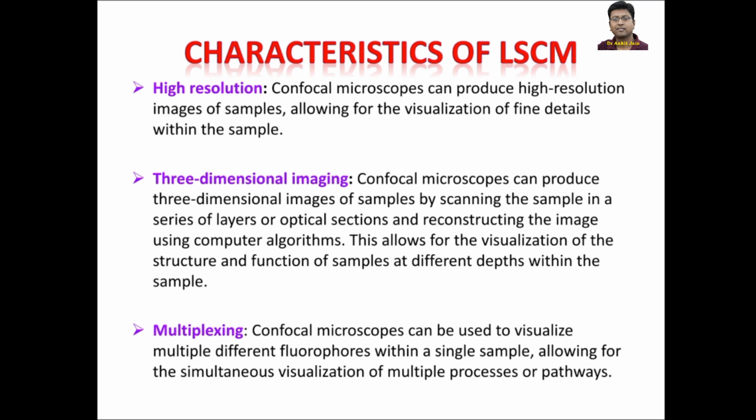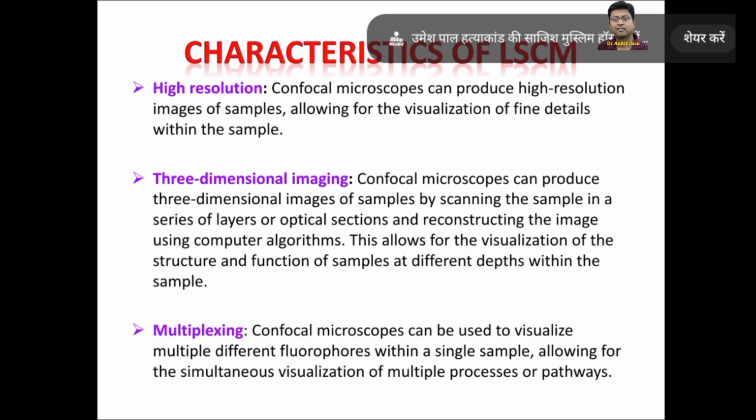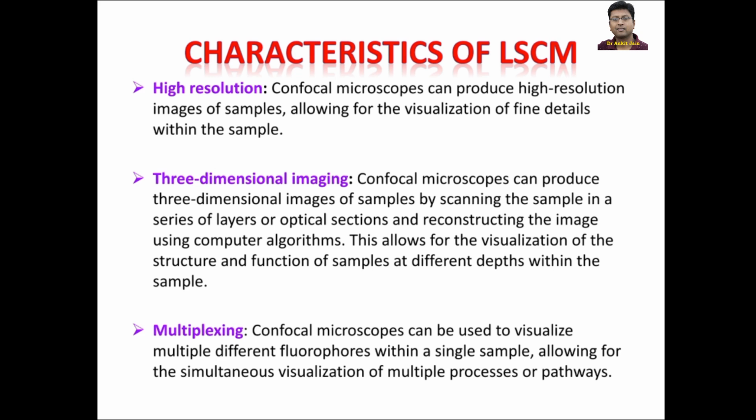It has a high resolution, and it has three-dimensional imaging because the laser beam penetrates deep into the sample, so we can get a three-dimensional image also. Multiplexing means we can also produce different colors with the help of different chromophores or fluorescent materials.